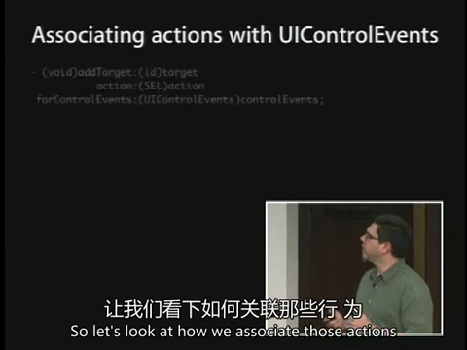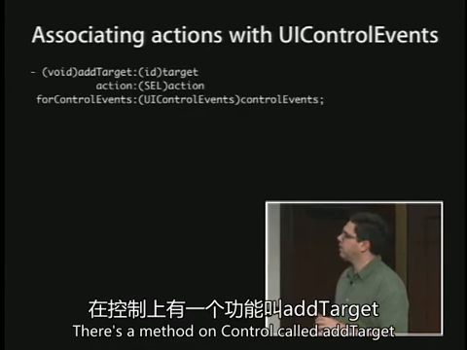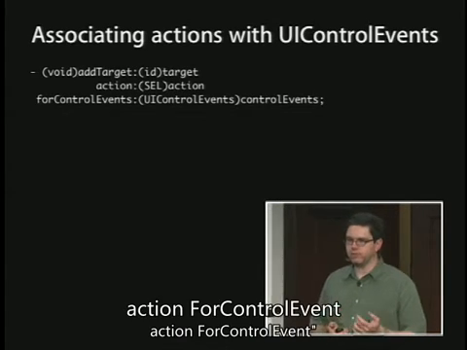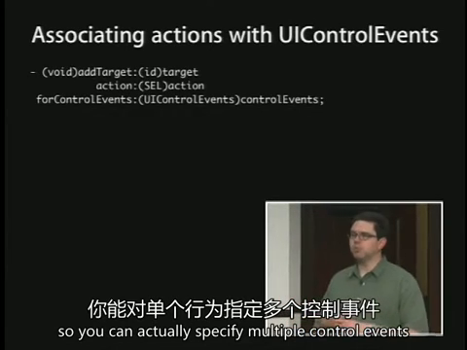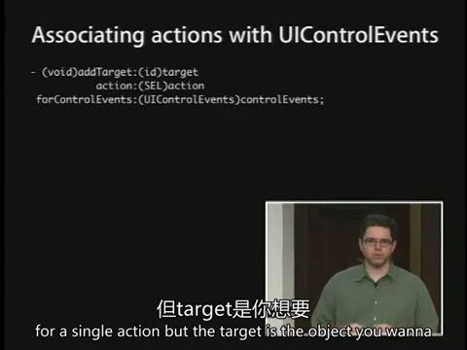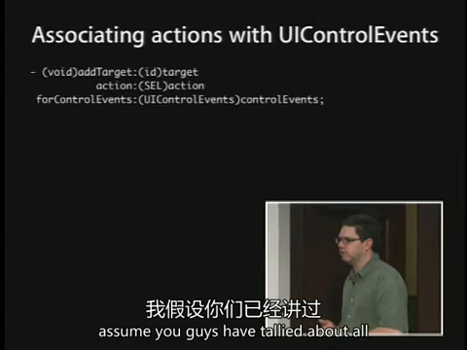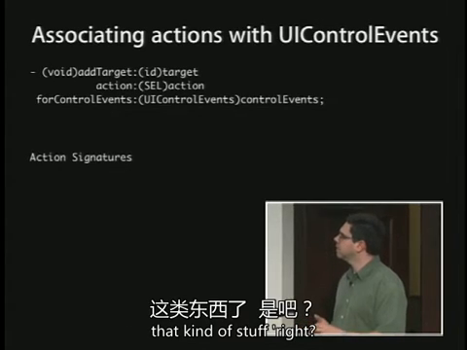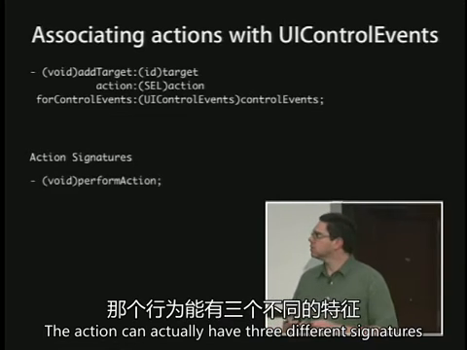So let's look at how we associate those actions. There's a method on control called addTarget:action:forControlEvents:, so you can actually specify multiple control events for a single action. The target is the object you want to receive the notification, and the action is just some method selector. I assume you guys have talked about all that kind of stuff, right? The action can actually have three different signatures.